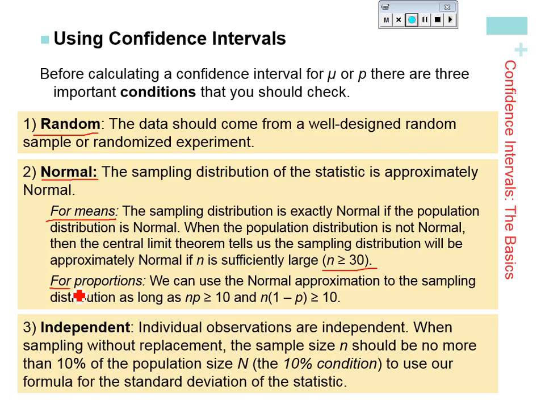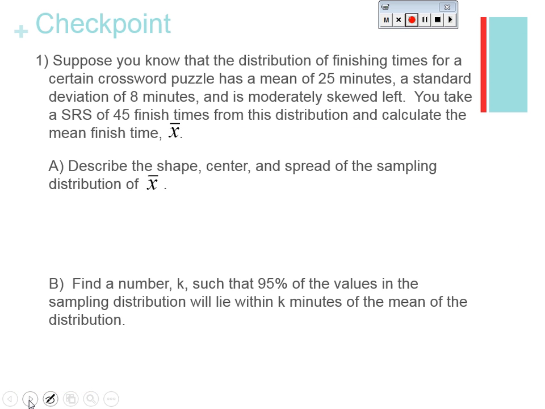If we're talking about categorical data, then we have to use these two to determine if the sampling distribution is normal, and that's n times p is greater than or equal to 10, and n times 1 minus p is greater than or equal to 10. And then the last condition is independence. Independence basically applies if we're sampling without replacement, and that's the only time this would apply. If we're sampling without replacement, then the 10% condition needs to be true, meaning that your sample size cannot be more than 10% of your population size.